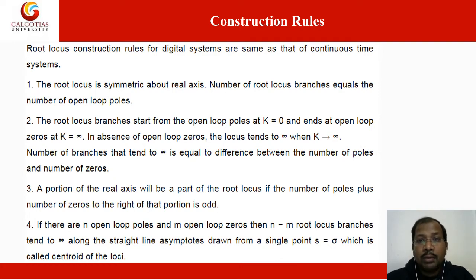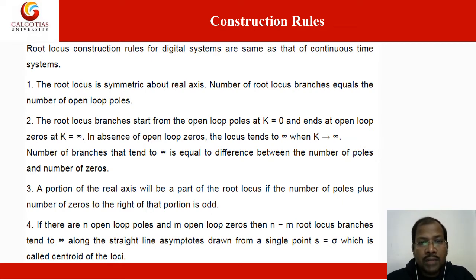The number of root locus branches is equal to the number of open loop poles, as in the conventional case. The branches start at the open loop poles at k equal to 0 and end at the open loop zeros at k equal to infinity. In the absence of open loop zeros, the locus tends to infinity as k tends to infinity. So the root locus always originates from the poles and converges at the zeros or at infinity. The number of branches that tend to infinity equals the difference between the number of poles and zeros, which is the number of asymptotes, as in the conventional case.